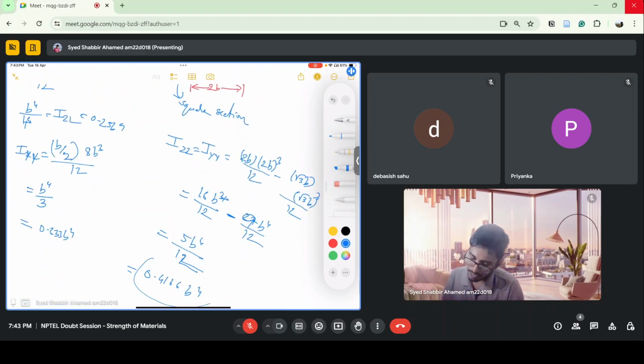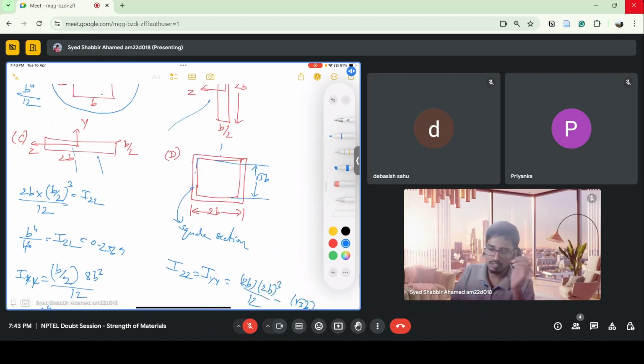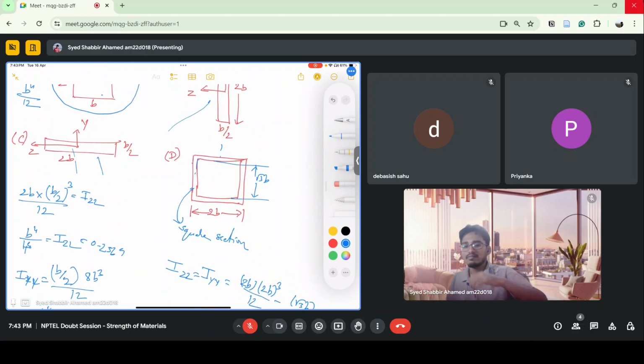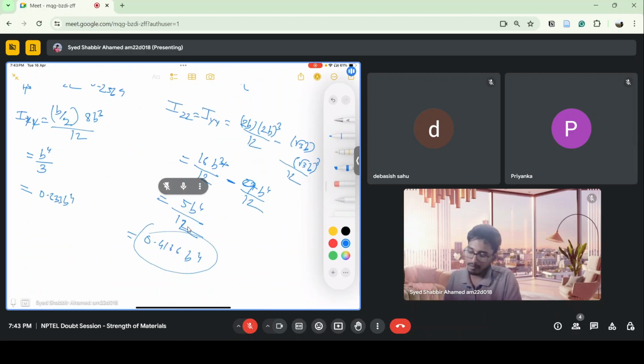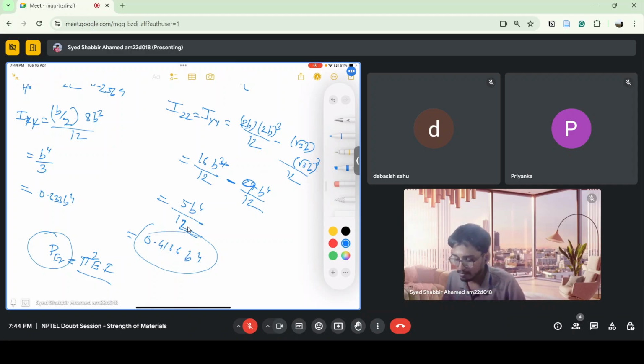So this gives me the higher moment of inertia. So obviously it makes sense to use this. I have the Euler buckling formula, right? If I have higher I, I'll get higher critical load. So I can go to a higher load and my column will not buckle.